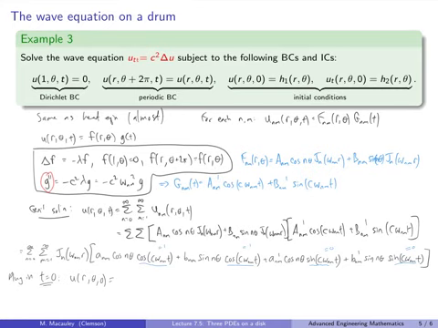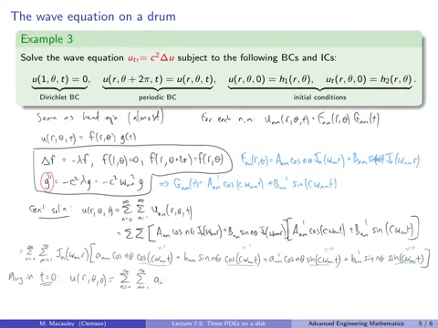So look what we get. We get the sum from n equals 0 to infinity and m equals 1 to infinity of, so we have a simple Fourier-Bessel series.